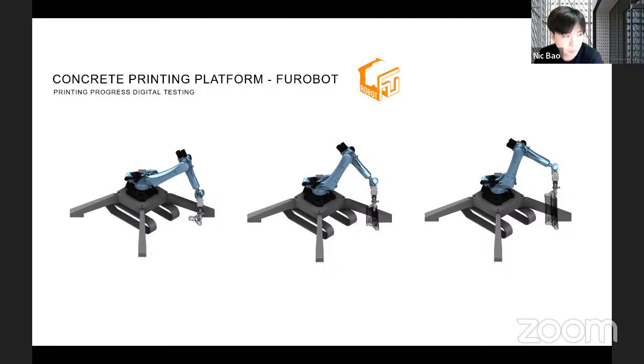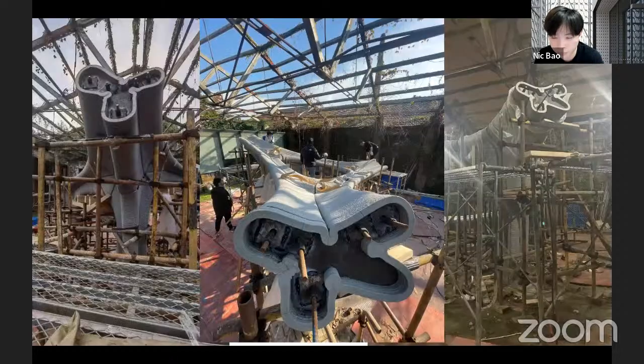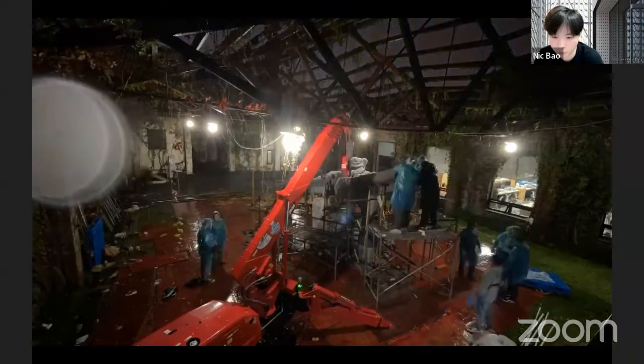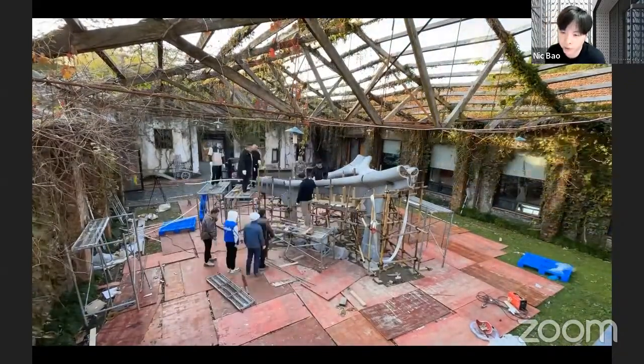So it's a very good platform for using the robots to print different components and also assemble outside in Philip Yuan's office. And the builder worked with the students on site for the assembly.